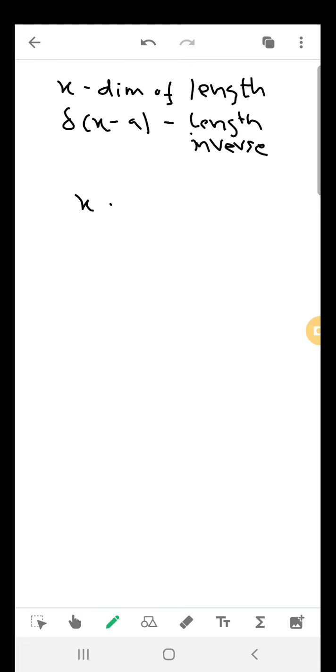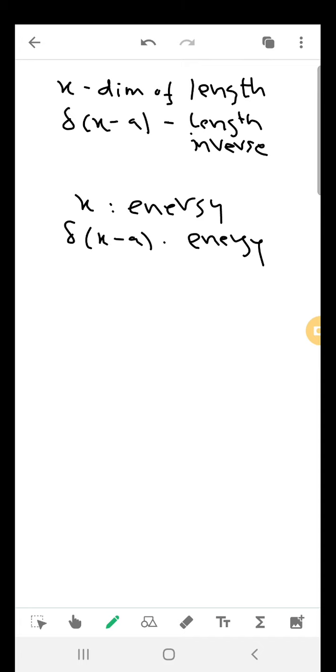Similarly, if x has the dimension of energy, delta(x minus a) has dimensions of energy to the power minus 1.